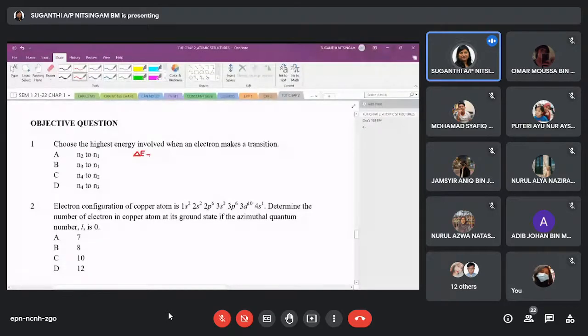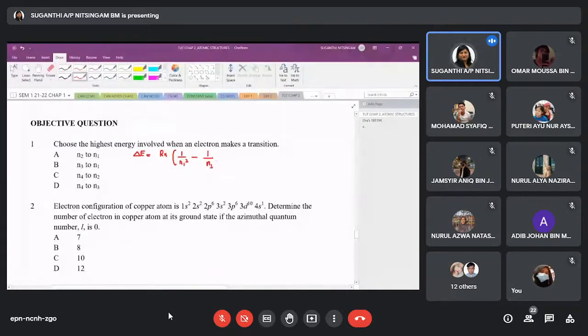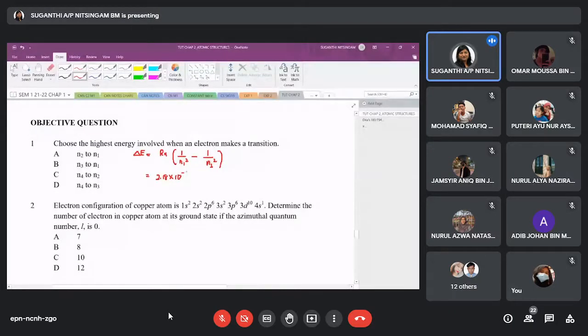Delta E equals R_H times 1 over n1 squared minus 1 over n2 squared. Okay, so this is 2.18 times 10 to the negative 18? Let's see. I've forgotten, did you also forget? What's the constant then? Negative 18, right?